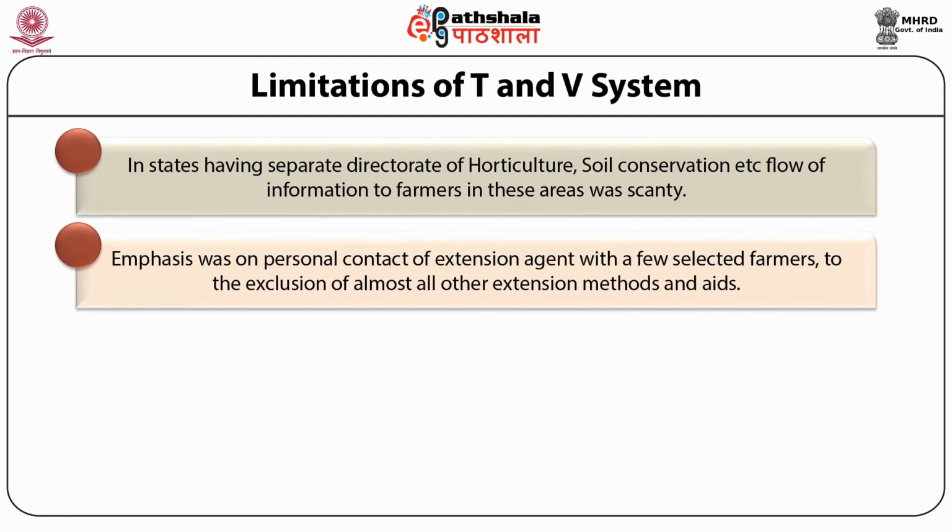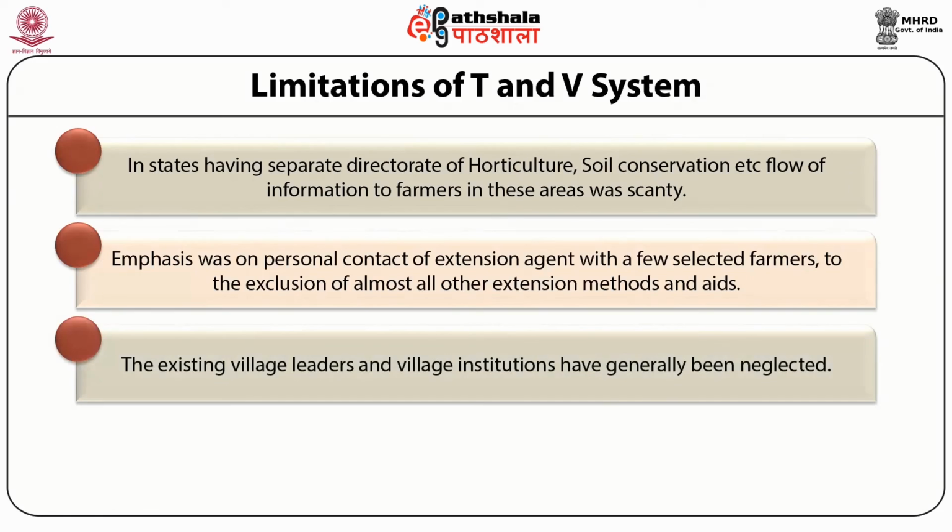The next limitation that we are going to focus on is that the existing village leaders and village institutions have generally been neglected. With the identification of the contact farmers, the training and visit system provided a way for identification of a new clan of leaders. But the traditional leadership types and styles existing in the village started feeling sidelined. There was a gulf created between these two groups of leaders, and contact farmers became a source of jealousy among the community.